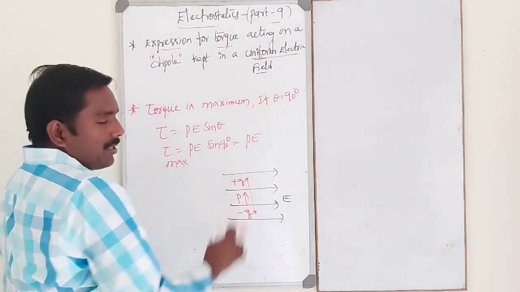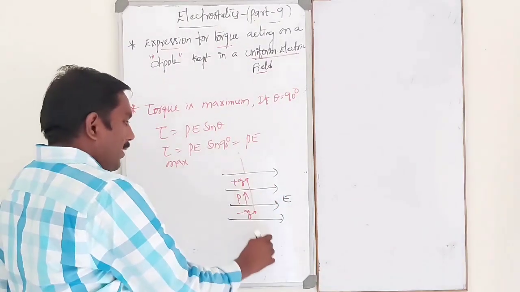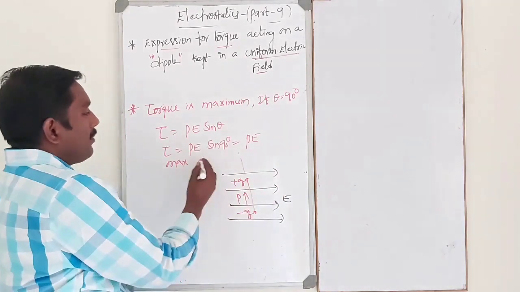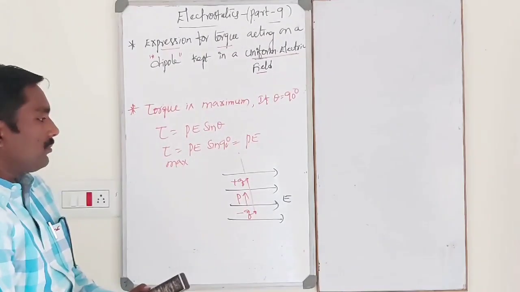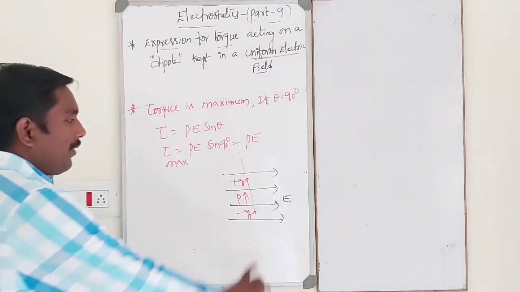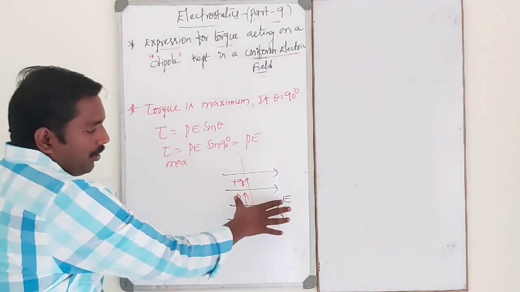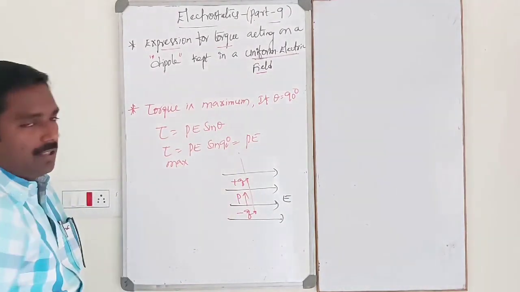So in this case, what is the angle between the direction of dipole moment and the field? 90 degrees. So in this position, torque will be maximum. Whenever the dipole is perpendicular to the direction of electric field, maximum torque is experienced on it.